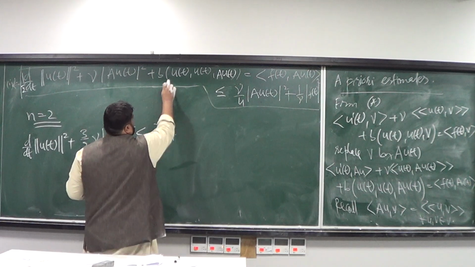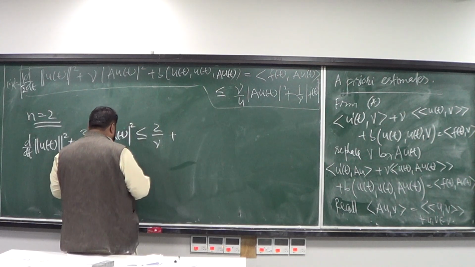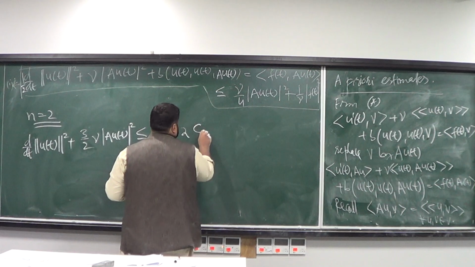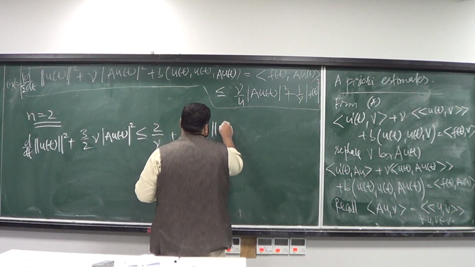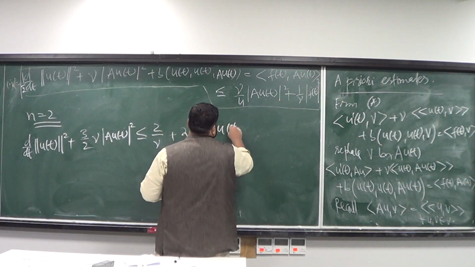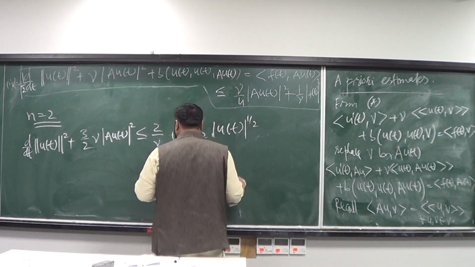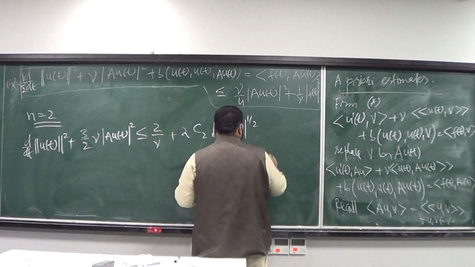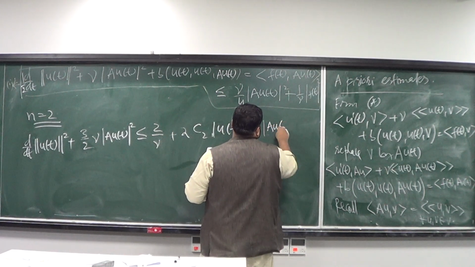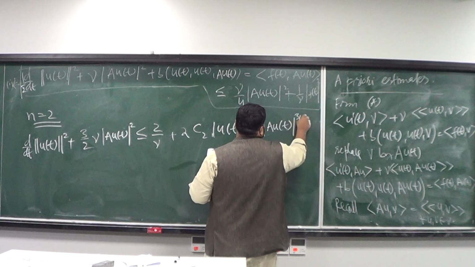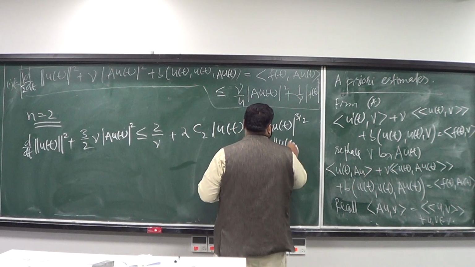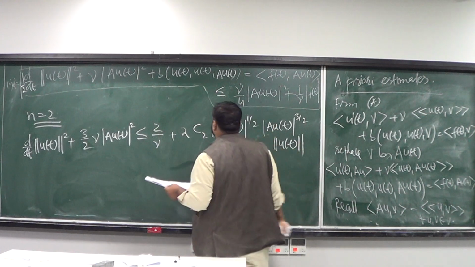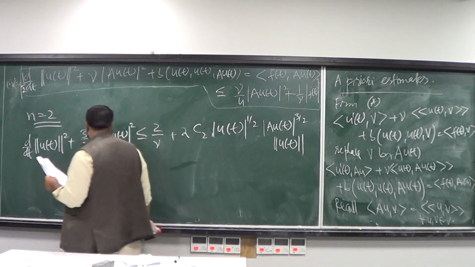Using this estimate I can have 2 times C2, where C2 is some constant, times the norm of u(t) to the 1/2, Au(t) to the 3/2, times u(t).